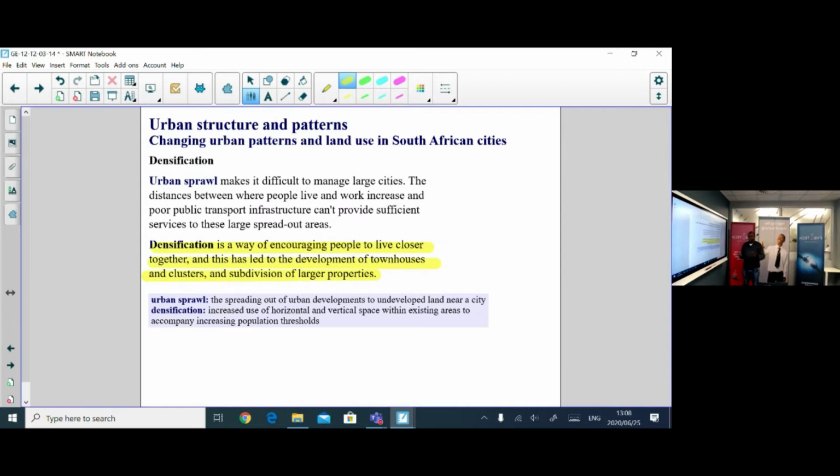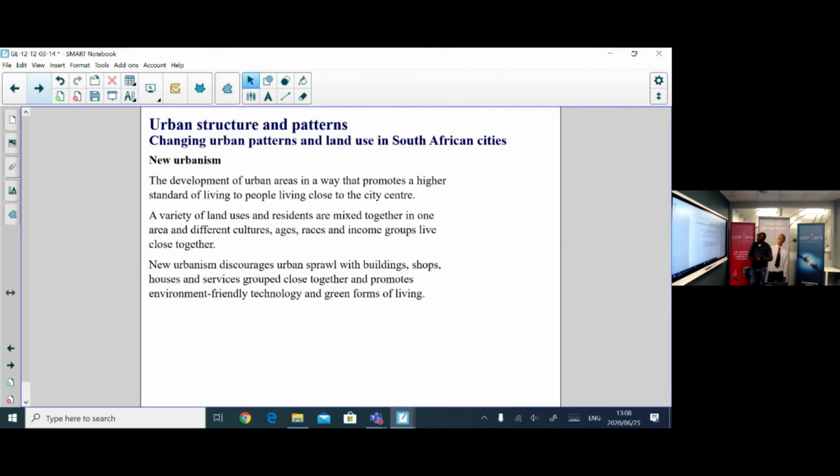People need to observe what we call social distancing. So this is another challenge that urban management and also town planners are going to encounter.